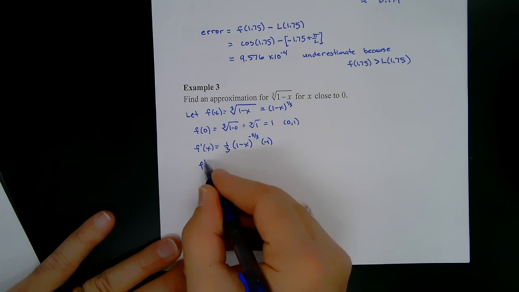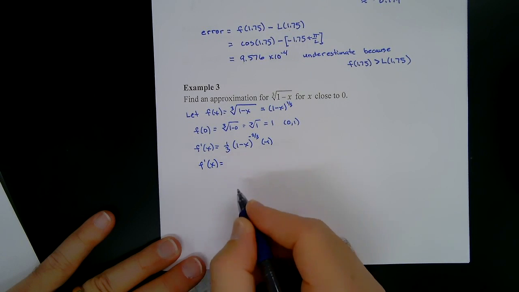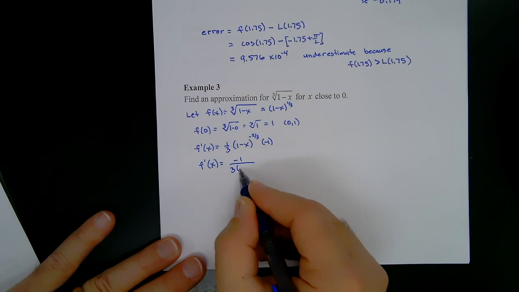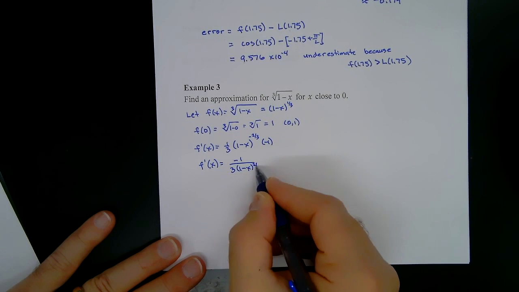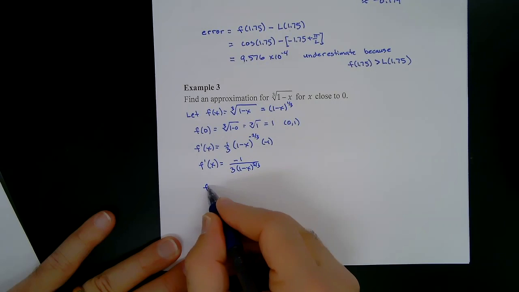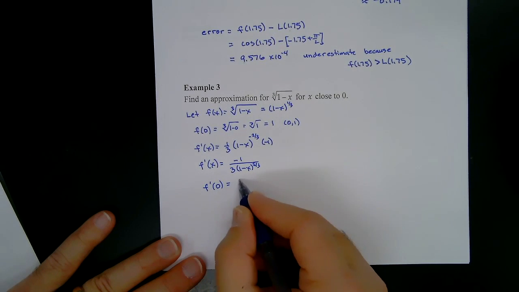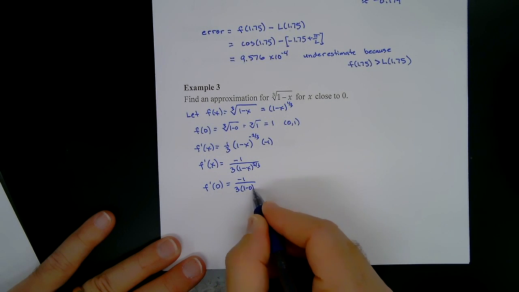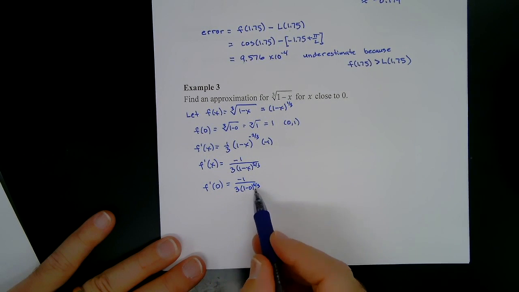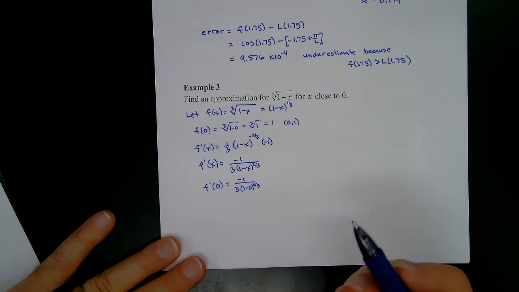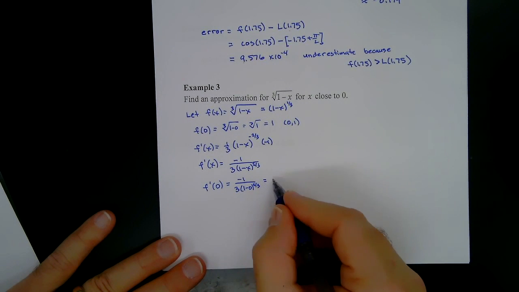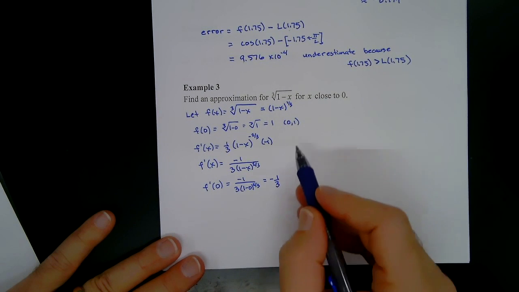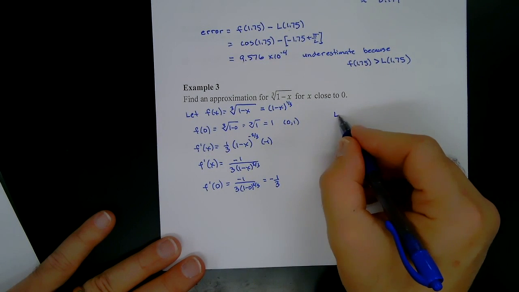Cleaning this up, f prime of x becomes negative 1 over 3 times 1 minus x to the 2/3 power. And so f prime of 0 equals negative 1 over 3 times 1 minus 0 to the 2/3 power. That's 1 to the 2/3 power, which is 1, because 1 to any power is 1, times 3 is 3. So this turns out to be negative 1/3. Okay, so we have our slope, we have our point, we can go for our linear approximation.